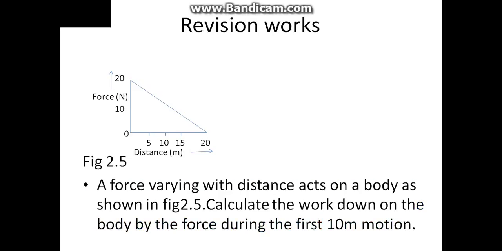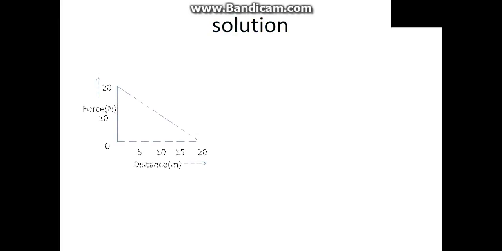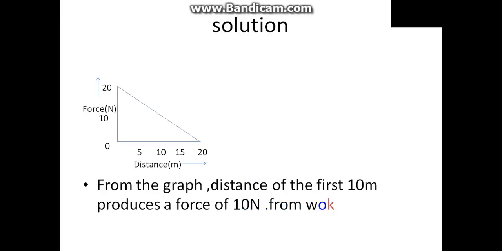Calculate the work done on the body by the force during the first 10 meters of motion. Solution. From the graph, the first 10 meters produce a force of 10 Newton. Work done W is equal to force F times distance S. Work done is equal to 10 times 10, which is 100 joules.